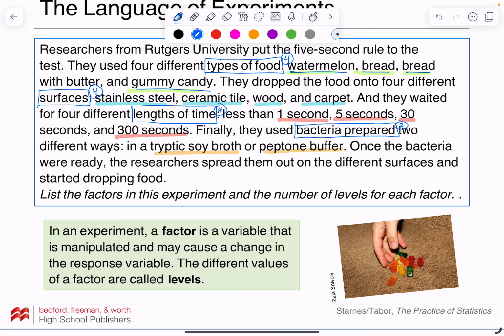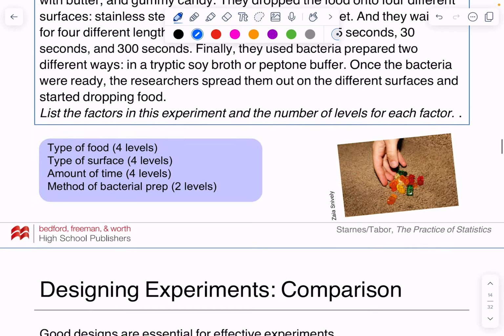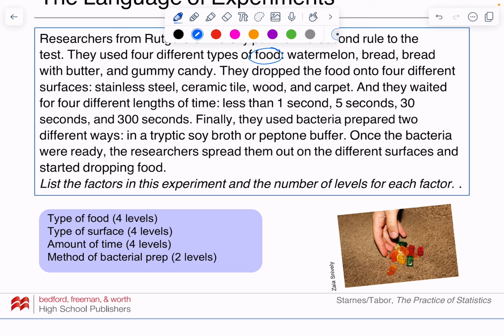Okay, so we have 4 things we're changing, so 4 factors, and each one has a different amount of levels. Food has 4 levels, surfaces has 4 levels, time has 4 levels, bacteria prep has 2. Okay, and again, that's because for food, we have 1, 2, bread with butter 3, and gummy candy 4.